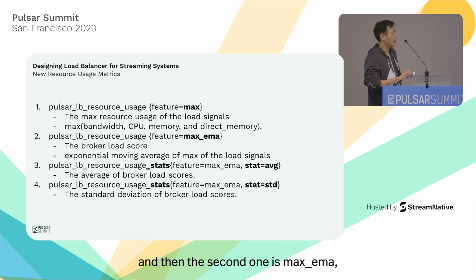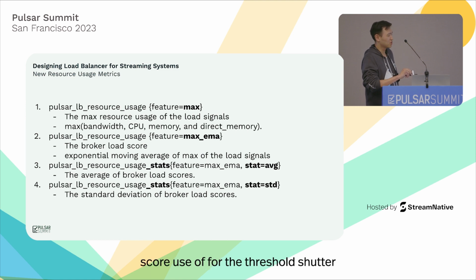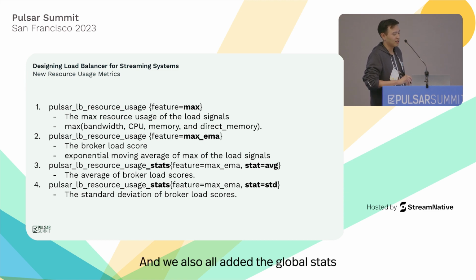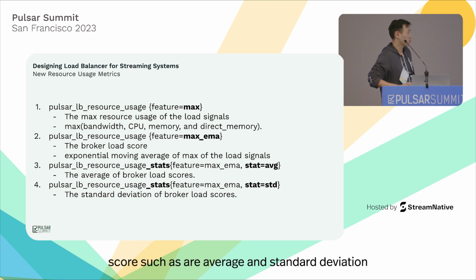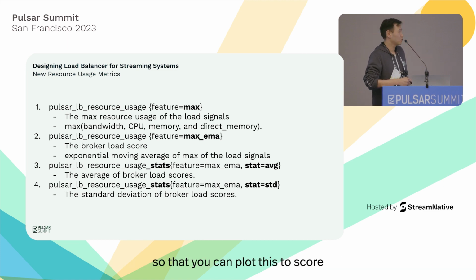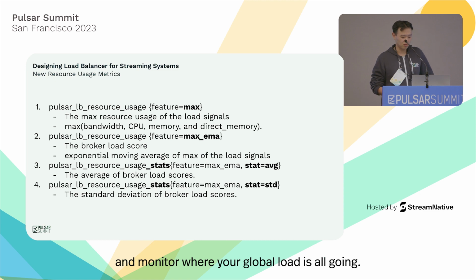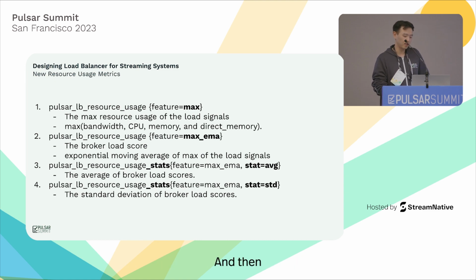The second one is max EMA, the max of the exponential moving average, which is the actual load score used for the threshold shedder and transfer shedder. We also added global stats of the load score, such as average and standard deviation, so that you can plot these load scores together with your target and monitor where your global load is going.